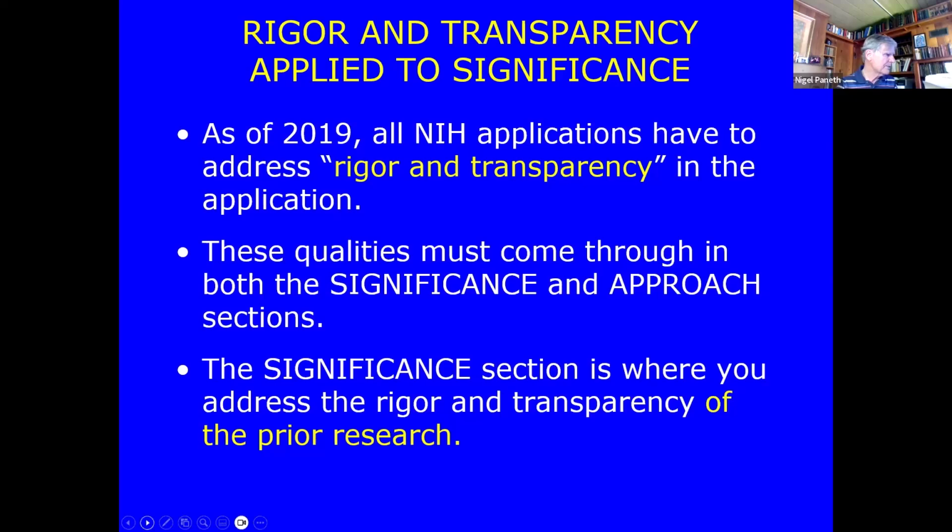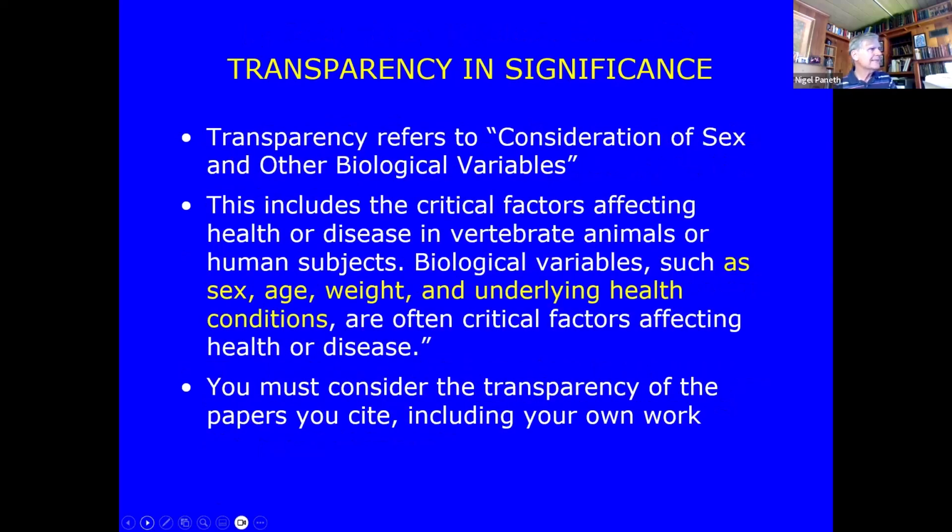The term transparent means basically taking account of sex and other biological variables. It's a little fuzzy, to be perfectly honest. It's not entirely clear, but I think what they're trying to avoid is studies of heart disease that are only taking place in men. Nobody thinks about women or some things of that ilk.